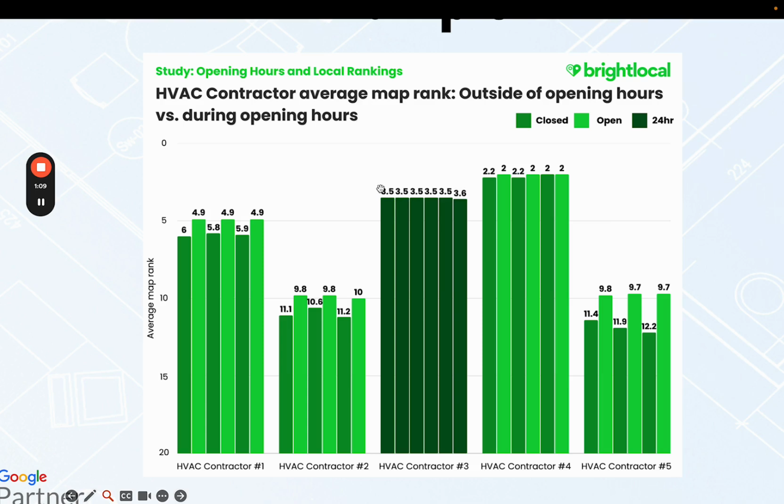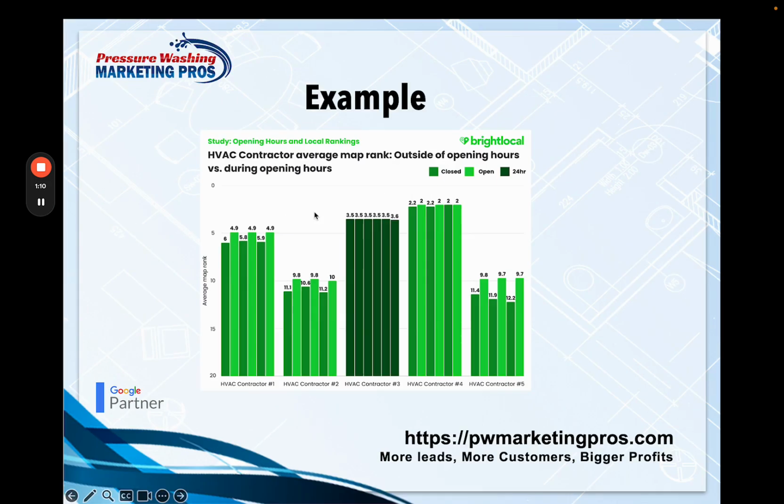And for this contractor, it actually stayed the same between open and closed, so they must be super authoritative. For this HVAC contractor, number 5, when they're closed their ranking is 11, and they average about 9 when their business is open. So as you can see in the comparison, people do actually lose rankings when they're closed.